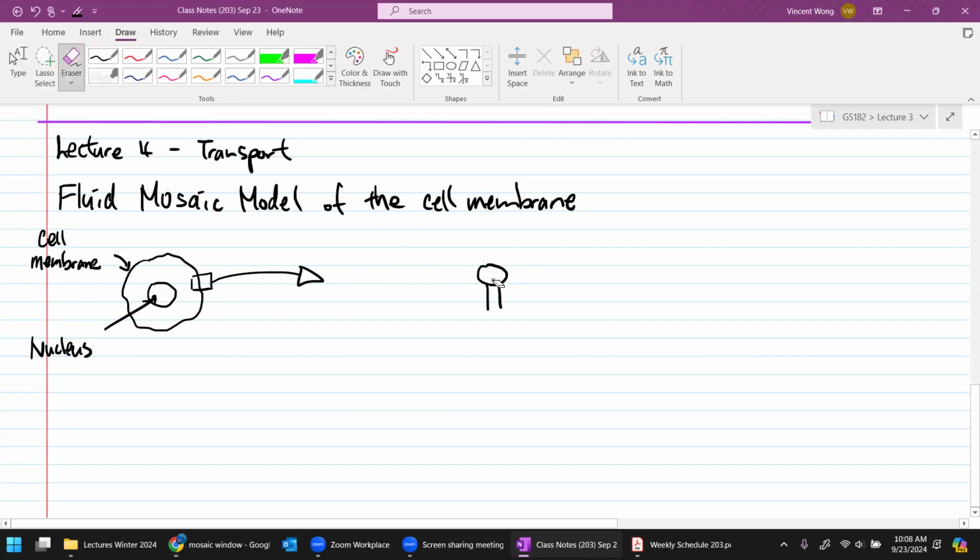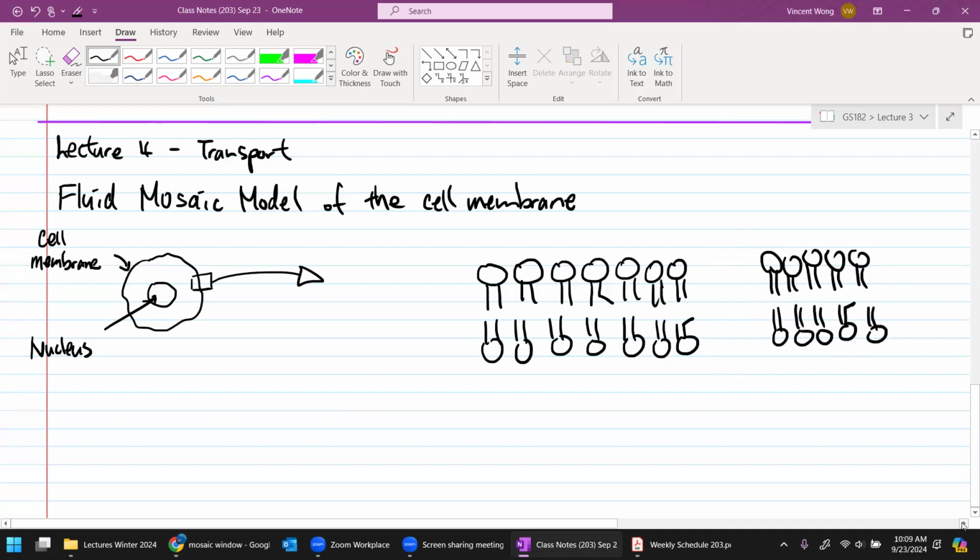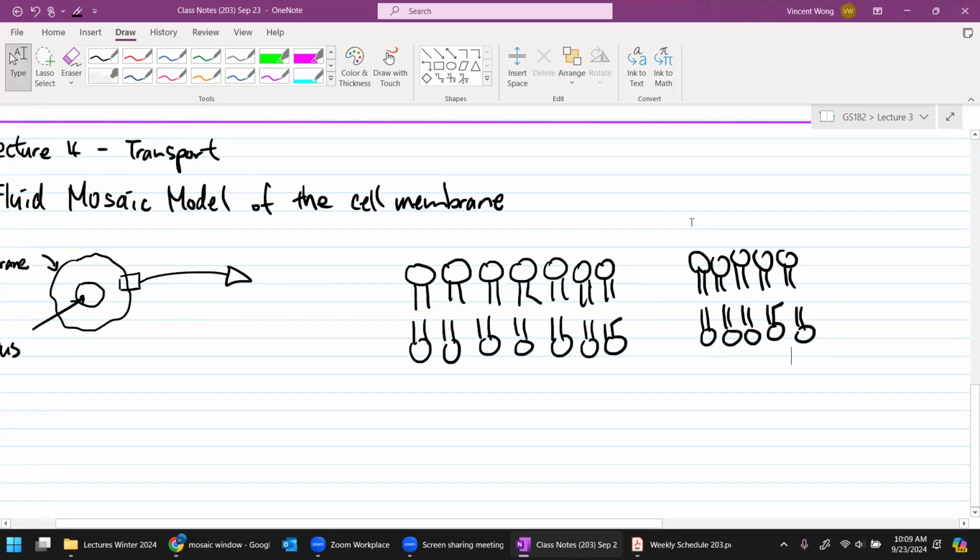Now, some of them are going to have saturated fatty acids. And every now and then you can pop in an unsaturated fatty acid. Okay. So just draw some of these things. Now leave a gap though, and then we're going to put more. And then I ask that you do it one more time, put another gap.